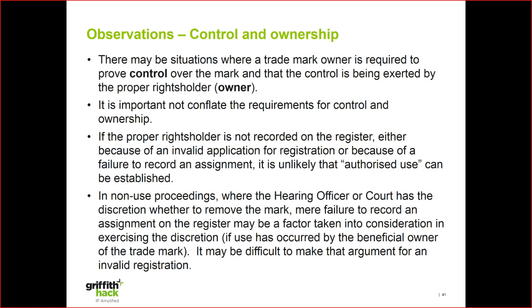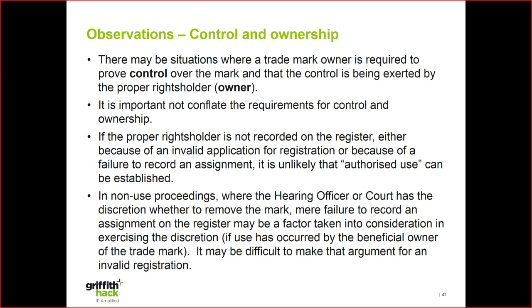And I think, and there's no cases yet, but I think we'll see more cases along this line because people are trying to get out of trademark infringement by arguing these points. I think there's going to be a situation where there might be a valid mark on the register that might be used by an entity within a corporate group, and there is use of the mark, but the owner of the name is incorrect.